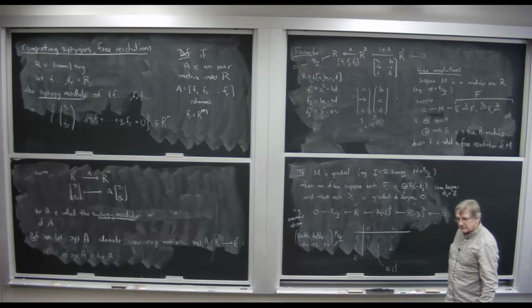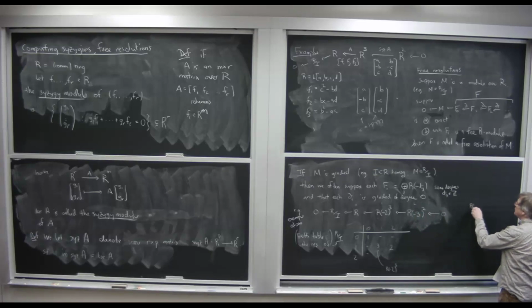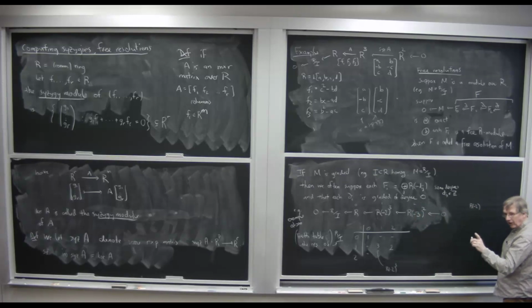So what do you mean? R(-2) is a free module of rank 1, that is exactly R, but it's got a new grading.